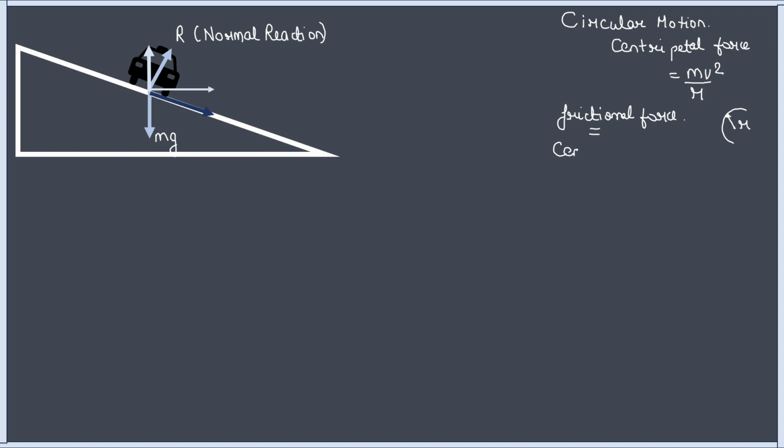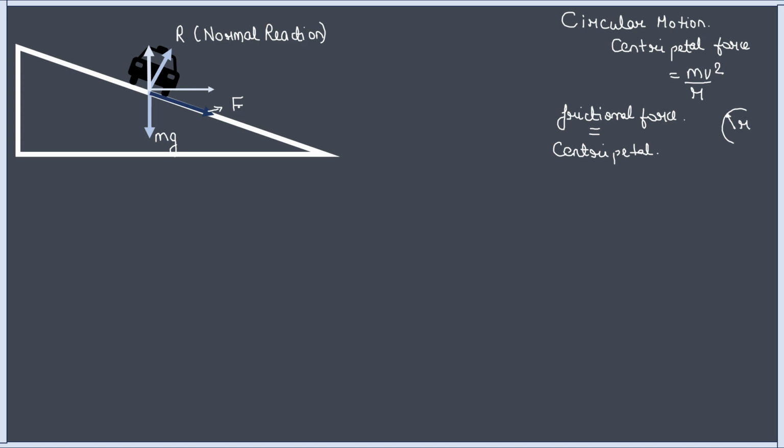Then only will the car follow a curved path, right? So we will resolve these forces into perpendicular and parallel components, in x and y. This arrow is the frictional force f, acting downwards, which helps in the circular motion of the car.